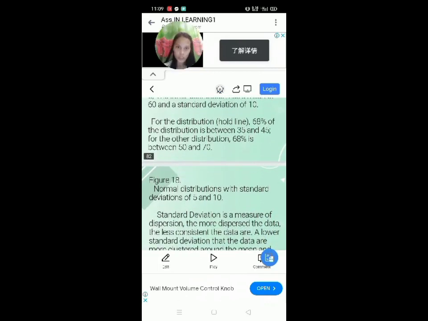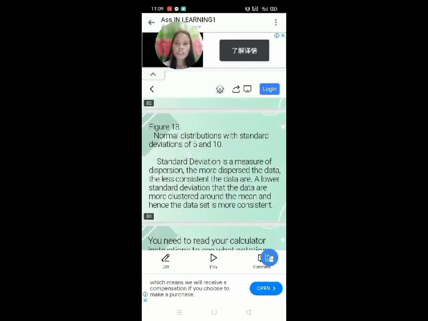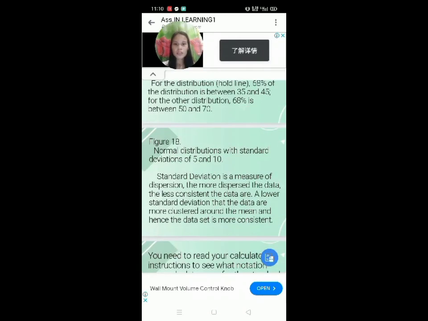For the other distribution, 68% is between 50 and 70. These are normal distributions with standard deviations of 5 and 10.